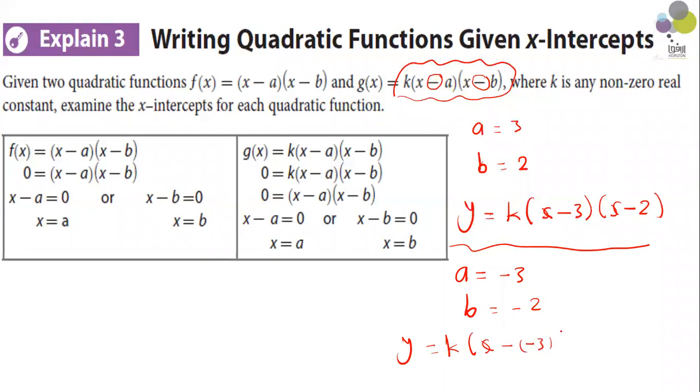So we have minus minus. x minus b, negative 2. Simplify more. Minus minus will be positive 3. x plus 2. So this is how to rebuild the quadratic function. If a zero is negative, we get a positive sign in the factor; if zeros are positive, we get a minus. Okay?